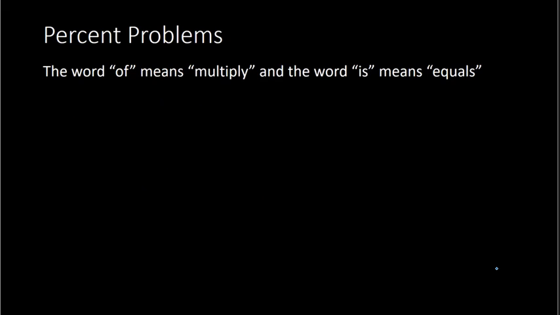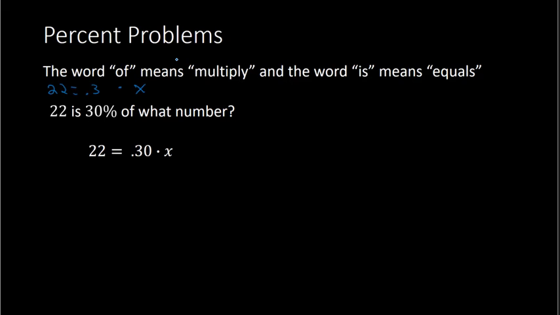Here is another example, and we are told that 22 is 30% of what number? So we just take this word by word and create an equation. So we have 22 is means equals, 30% as a decimal is 0.3, of means to multiply, and then what number, that is unknown, so that will be x.